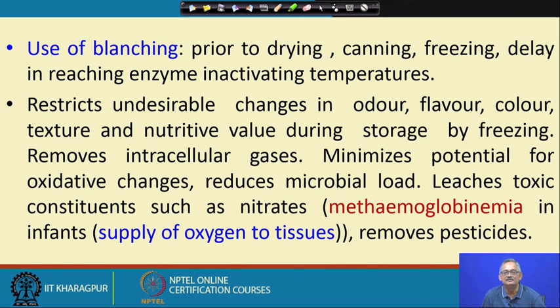But keep in mind, processes like drying or canning involve heating.